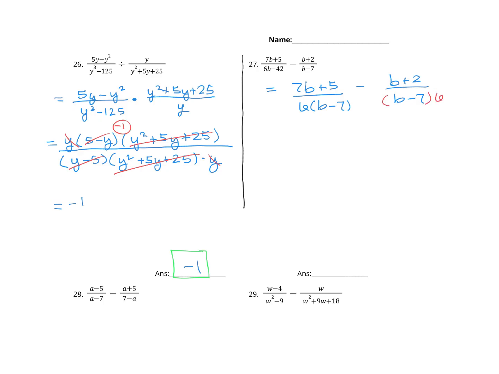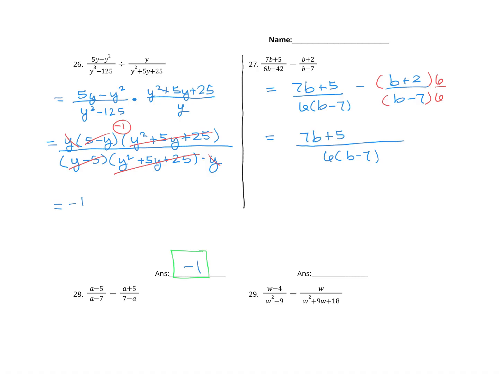So I multiply by 6 down below, and I multiply by 6 up above because I'm only allowed to multiply by the same thing in the top and bottom because I'm multiplying by 1 and not changing value. All right, so next up, my new denominator is going to be 6 times b minus 7. Upstairs, I've got the original 7b plus 5 on the left side.